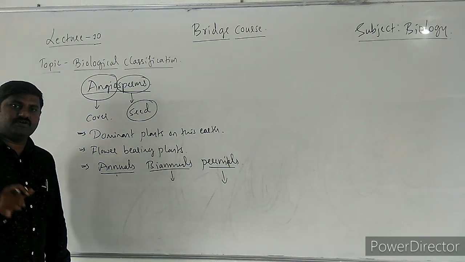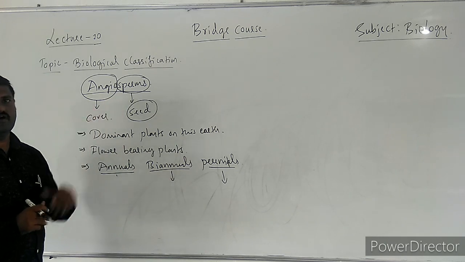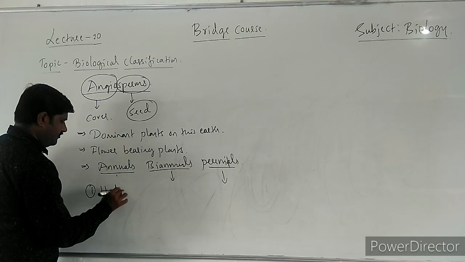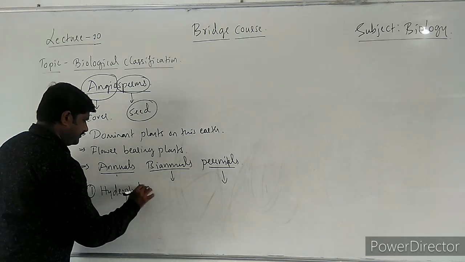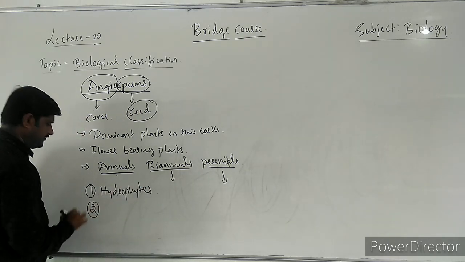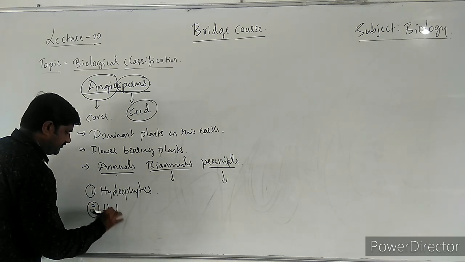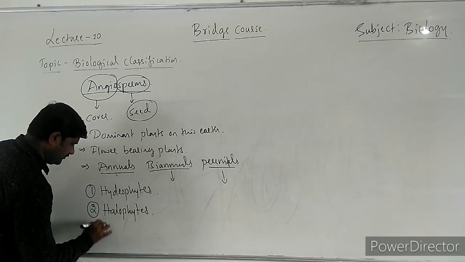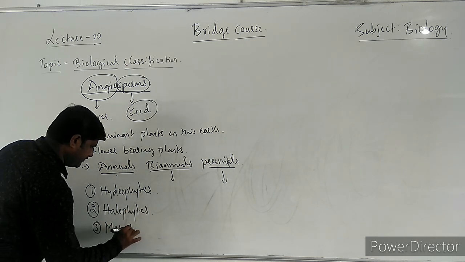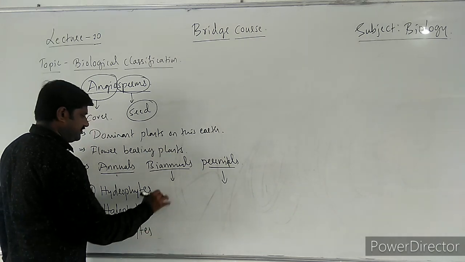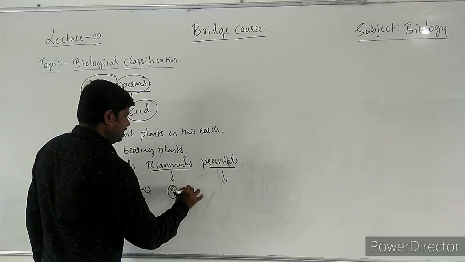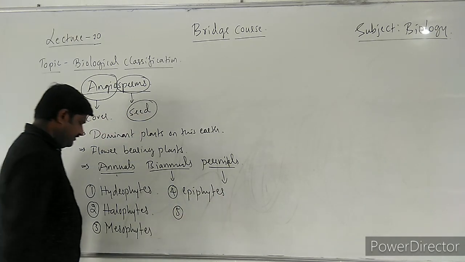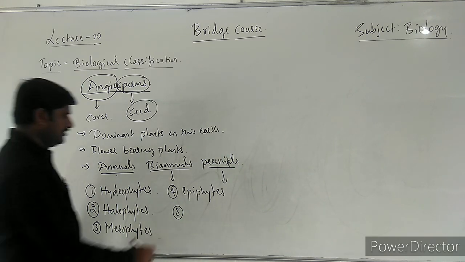Based on the habitat, these plants are of different groups. One is hydrophytes, second is halophytes, third one is mesophytes, fourth one is epiphytes, fifth one is xerophytes.